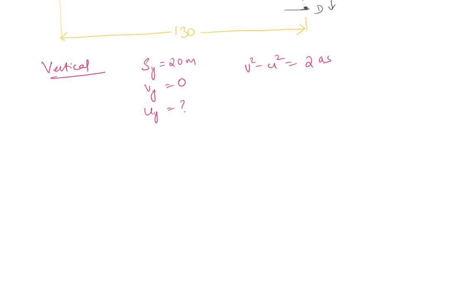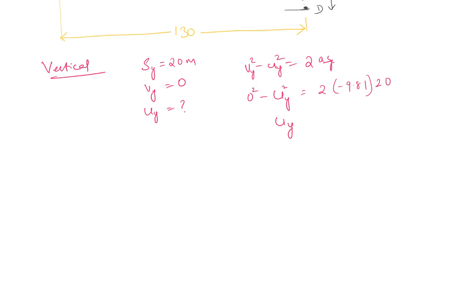And here, because I'm going to make everything y, this is 0 squared minus uy squared equals 2 times negative 9.81 meters per second squared times 20.